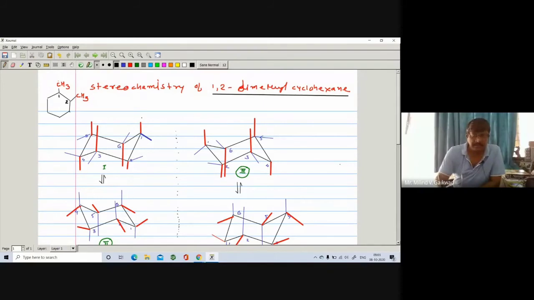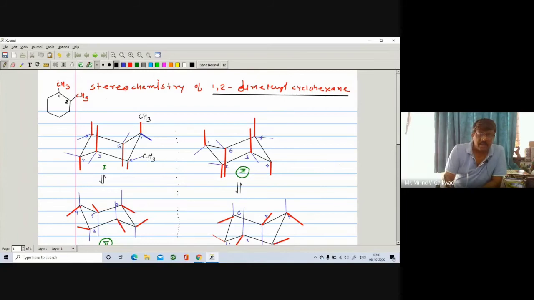Here is a CH3 and here is also CH3, carbon number 1, and here is carbon number 2. In structure number 1, when the methyl group is above the plane, if I write axial, it will go down the plane. So it becomes trans. And if I write equatorial, it becomes axial.